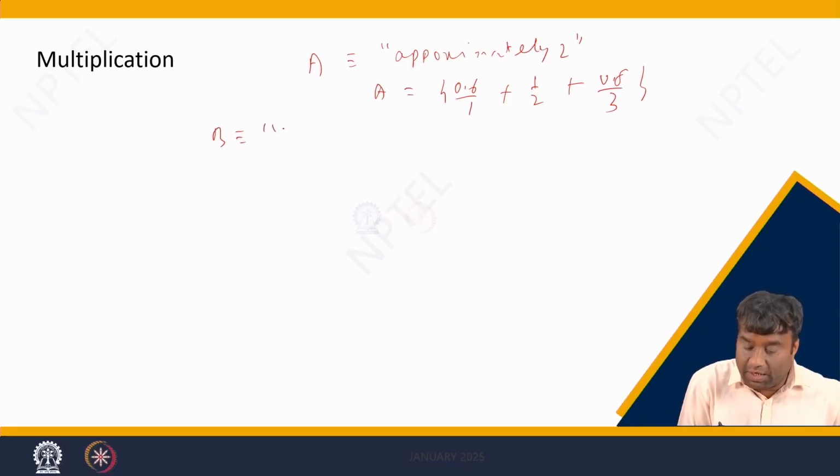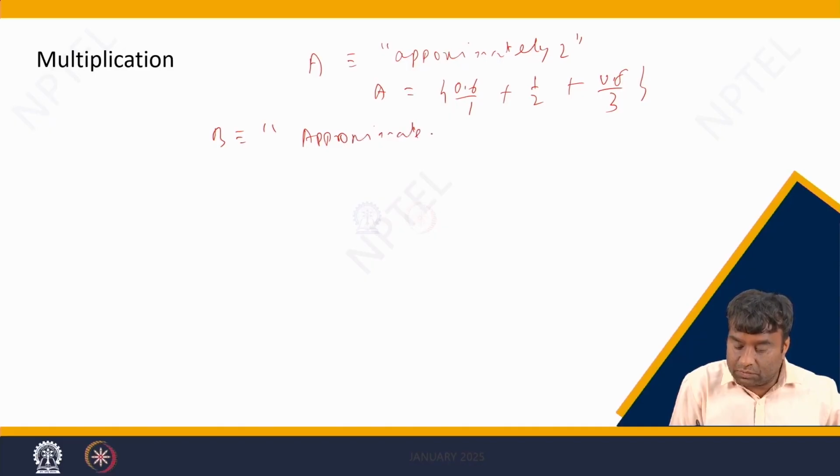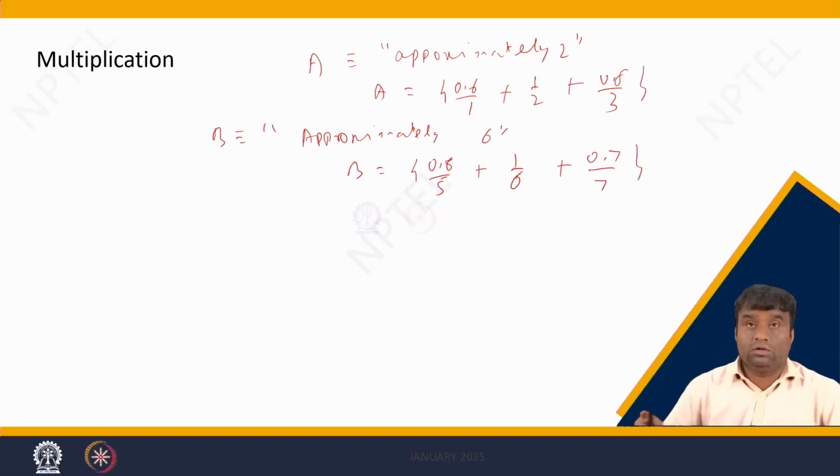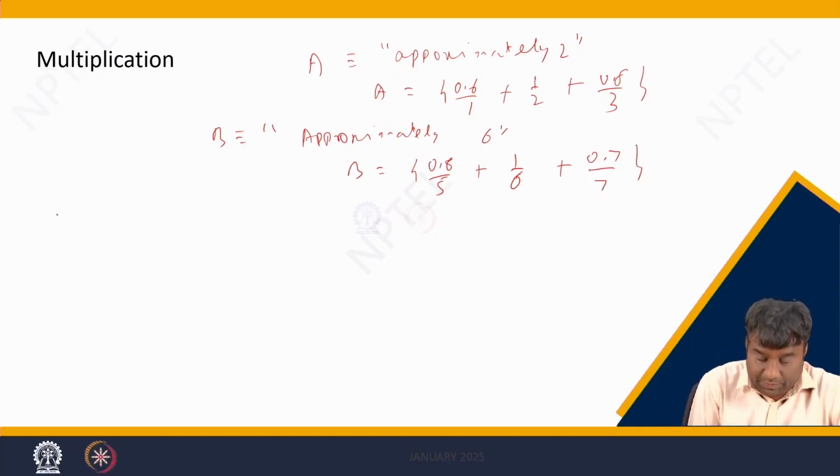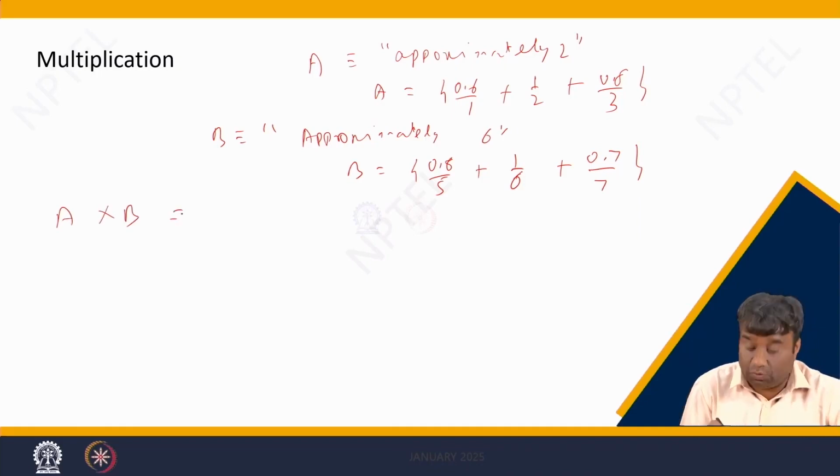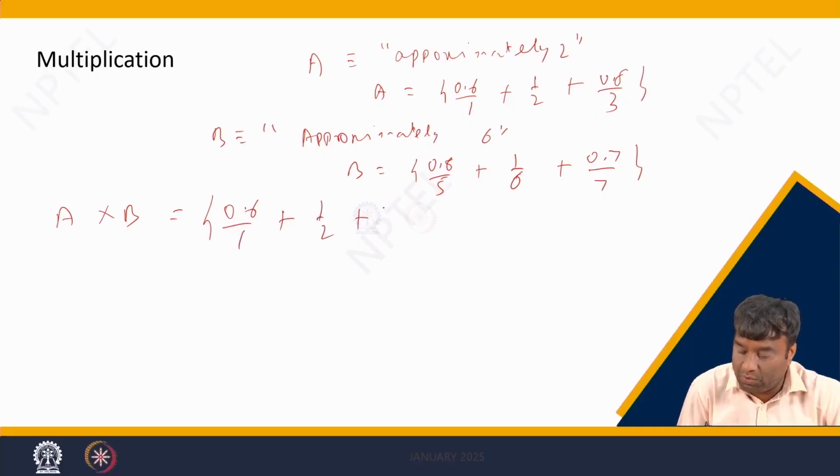B we can define as approximately 6, so B can be written as 0.8/5 plus 1/6 plus 0.7/7. We will try to find A multiply B. So A is 0.6/1 plus 1/2 plus 0.8/3, multiplied by 0.8/5 plus 1/6 plus 0.7/7.